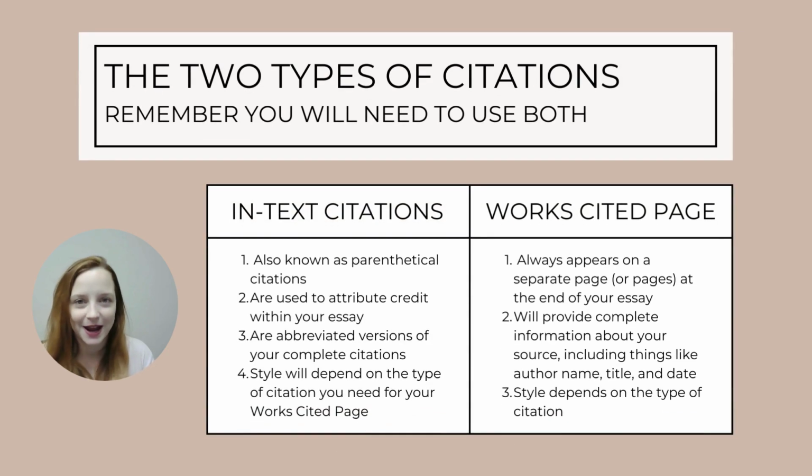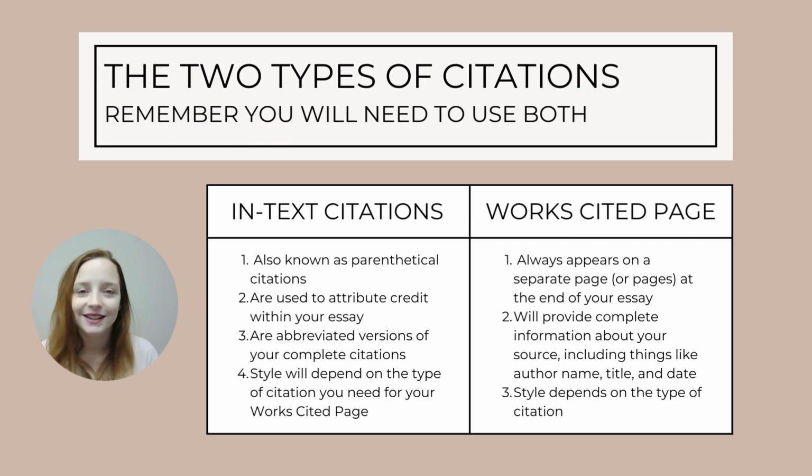So the first way that I like to mentally divide citation types into categories is by looking at these two largest citation types. And these are in-text citations, which are also known as parenthetical citations, and the citations that appear on your works cited page.